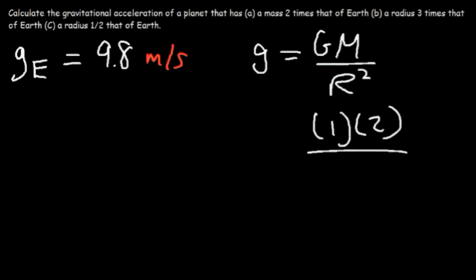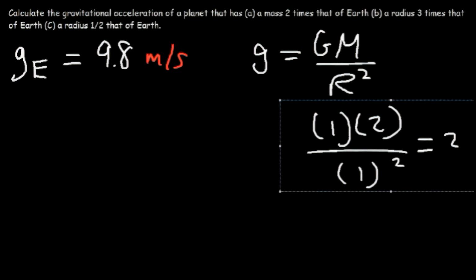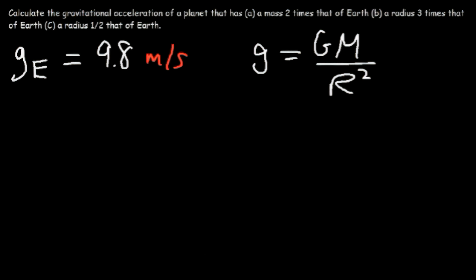If we plug in 2 for m and 1 for everything else, we get a value of 2. So doubling the mass will double the gravitational acceleration. So for part A, the gravitational acceleration of, let's say, planet X is twice the value of that of Earth, so it's going to be 19.6 meters per second squared.